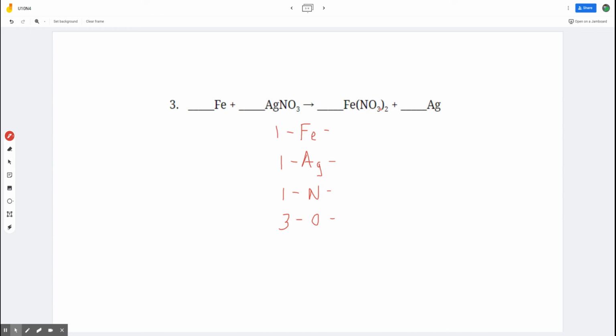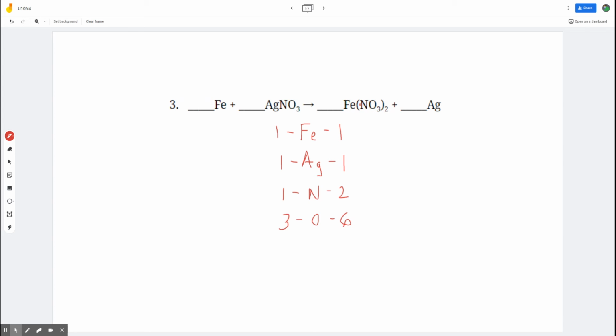On the right side, it's a little more complicated. So 1 iron, nitrogen here, there's 2 of them because we distribute this subscript to everything in the parentheses. Oxygen, there's 2 times 3, 6. And then silver, just 1.